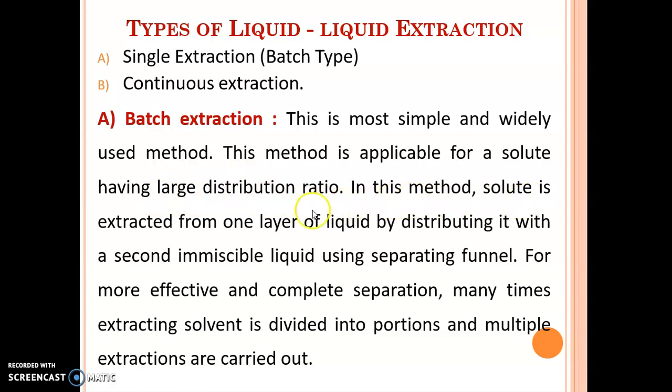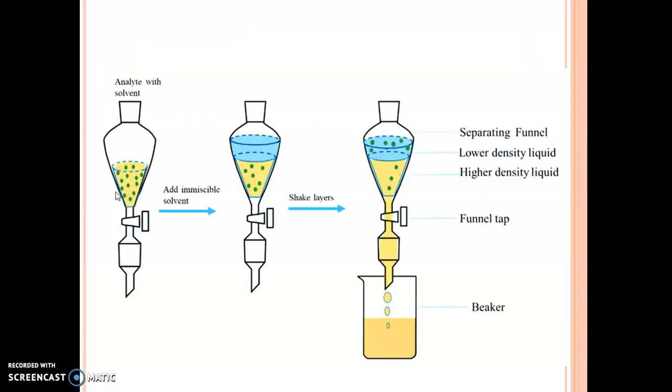In this method, solute is extracted from one layer of liquid by distributing it with a second immiscible liquid using a separating funnel. For more effective and complete separation, many times the extracting solvent is divided into portions and multiple extractions are carried out. So this is the principle behind batch extraction.